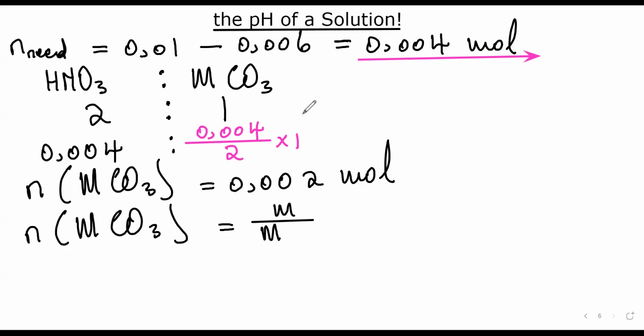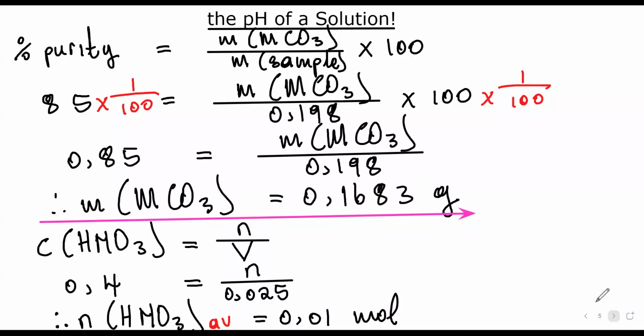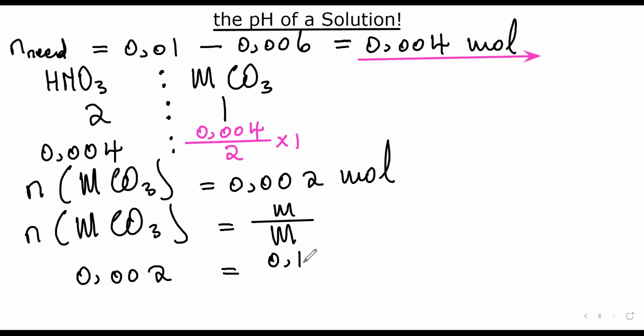But it's much better if you do that towards the end. So generally speaking, let's say it's the molar mass of the entire compound. So now we have 0.002, and here we have 0.1683, and this is divided by M. And if you make the molar mass the subject, you just divide by 0.002.